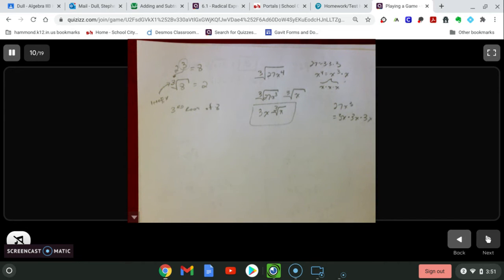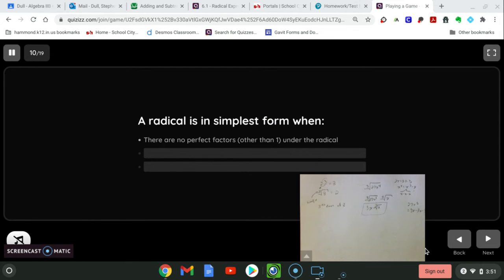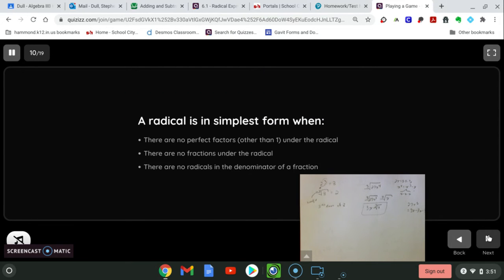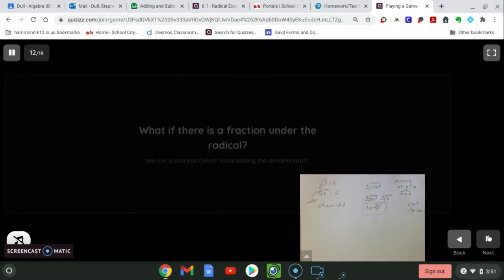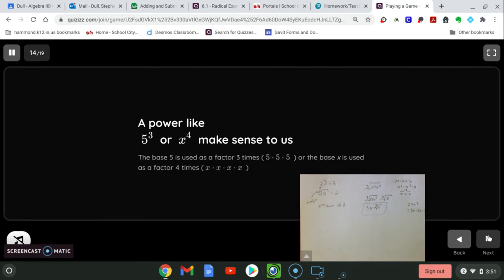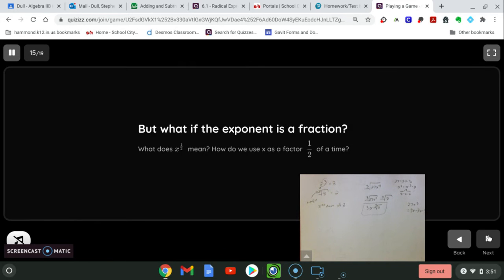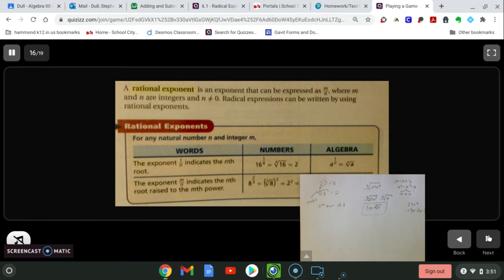I want to push the ball ahead a little bit. We also talked about fractional exponents. So we talked about an expression something like this, 16 to the 1/4 power. Okay?